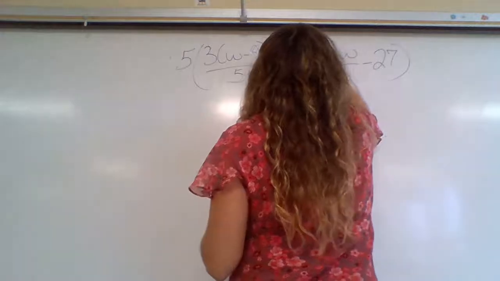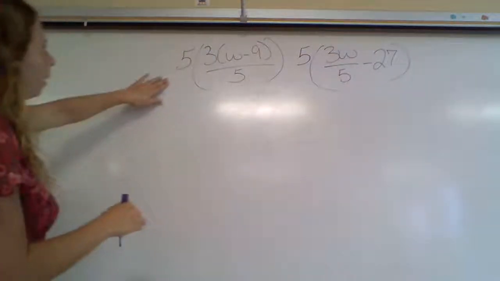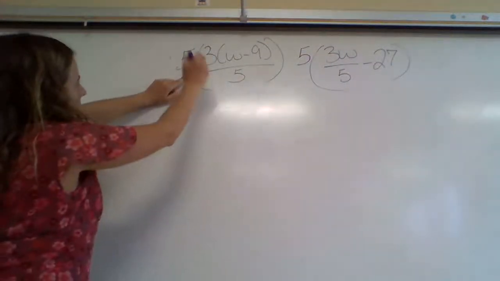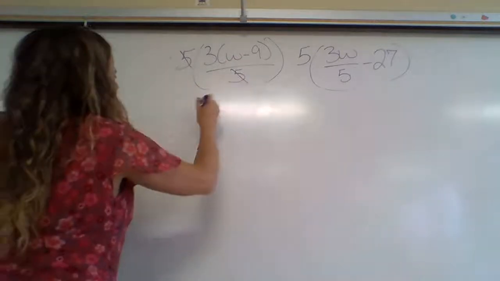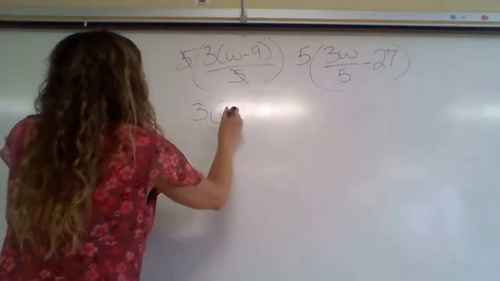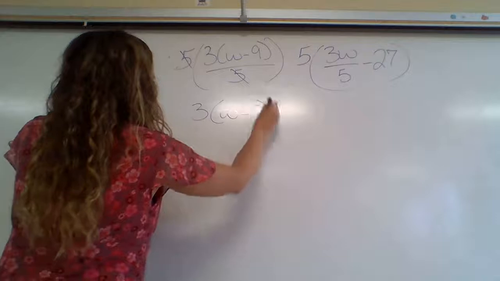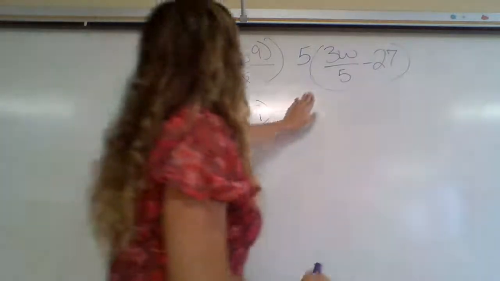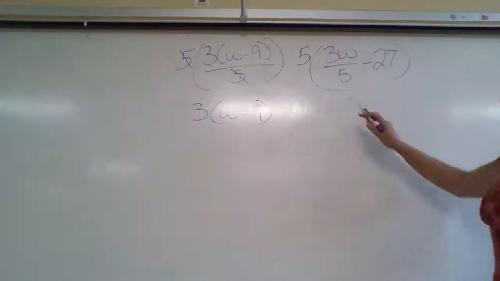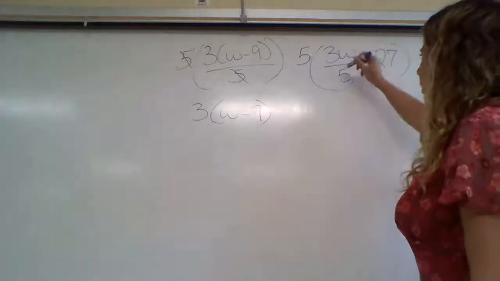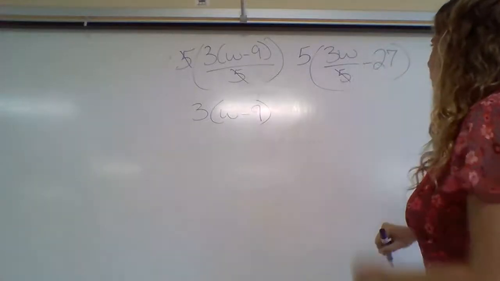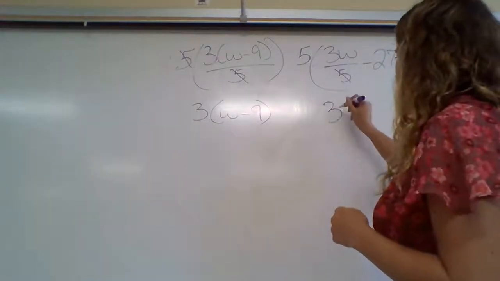All right. So this one, I'm dividing by 5, so these guys just cancel each other out. So then I'm just left with 3w minus 9. On this one, I'm multiplying the whole thing by 5, so this 5 is going to cancel out. So I'm just going to have 3w.